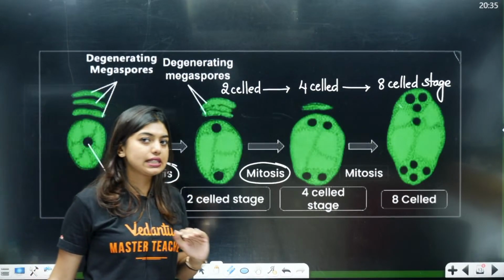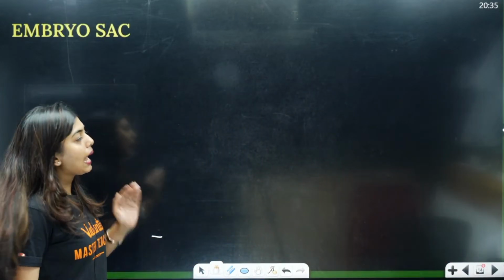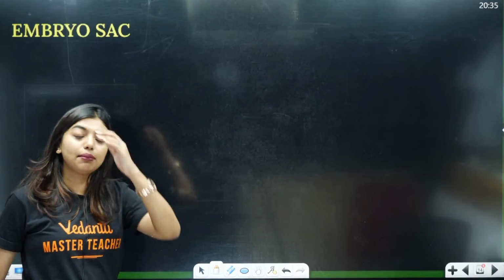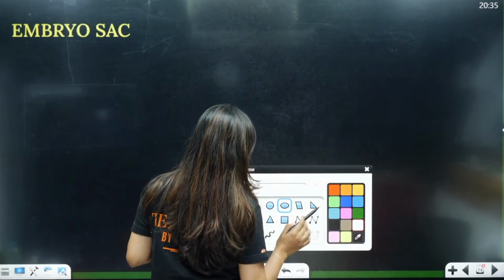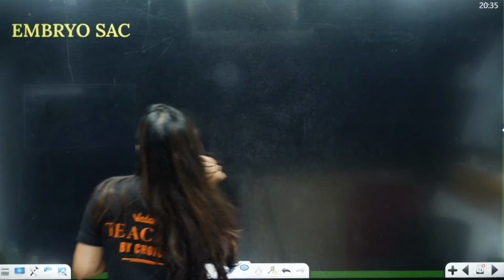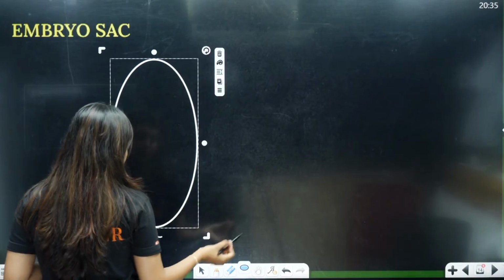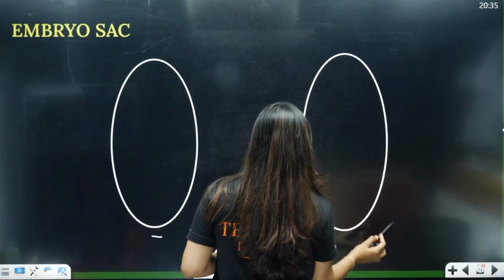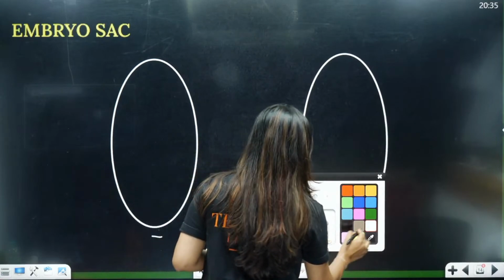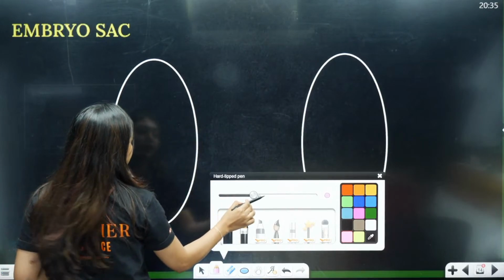So the question is, how many meiosis and how many mitosis happened for your megasporogenesis? I think all of you can answer easily. By then I will draw your embryo sac for all of you to understand the concept easily. Quickly tell me the answer.